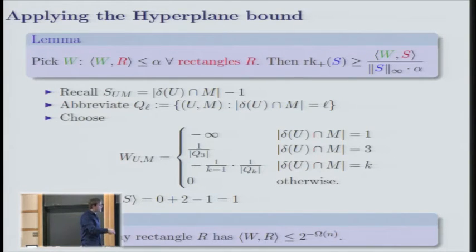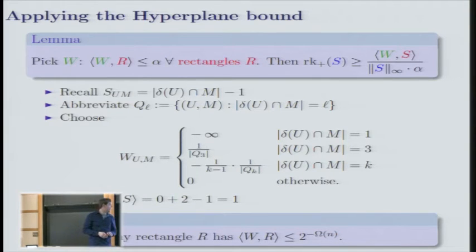And then you plug in this value here, and you get that the non-negative rank must be exponentially large. So this innocently looking lemma is the thing that we need to prove for the next, I don't know, like 30 minutes or so. This is actually the hard part to prove.